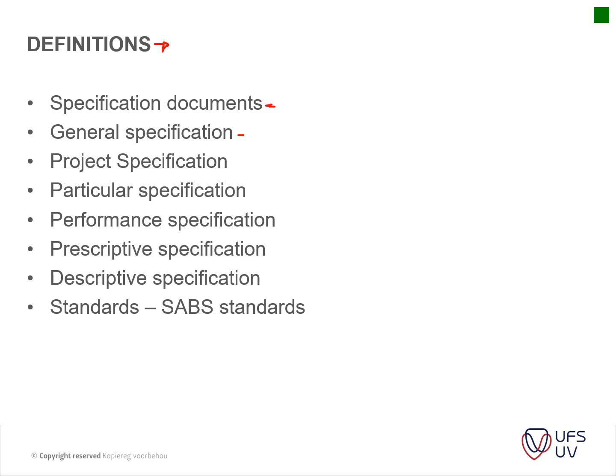So for instance, the architect might have a specific set of specifications, for instance drawings, finishing schedules, etc., whereas the engineers might have very specific documentation on, for instance, how concrete is tested and what justifies a concrete test.